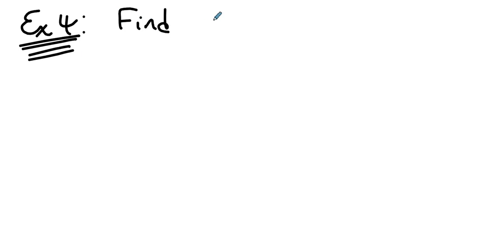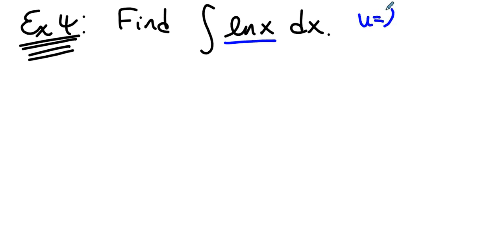Sometimes it's an integration by parts problem when it doesn't look like an integration by parts problem. This is not a product like the others were products, but this has the added advantage of I don't know what the antiderivative of this thing is. I know what the derivative of this thing is. So we make this thing the u in an integration by parts problem. This thing becomes the dx.